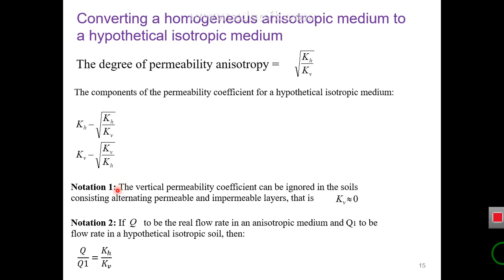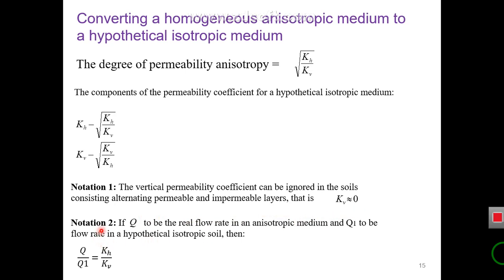There are 2 important notations that we must take into account in heterogeneous environments. Notation 1 is that the vertical permeability kV can be ignored in the soil consisting of alternating permeable and impermeable layers, which means kV is equal to 0.